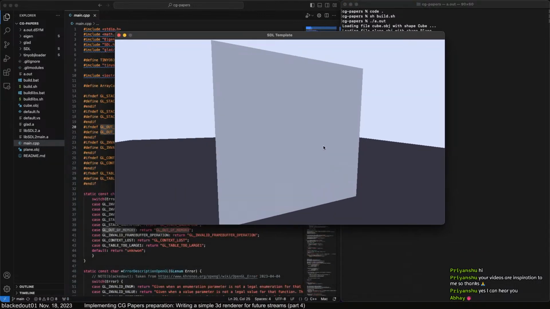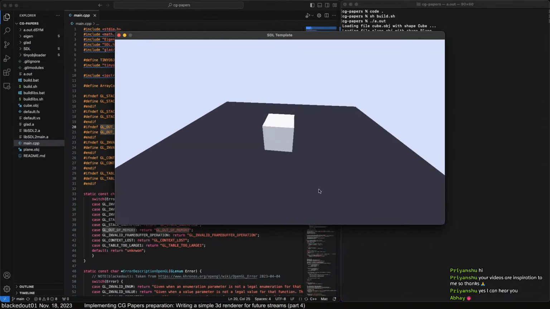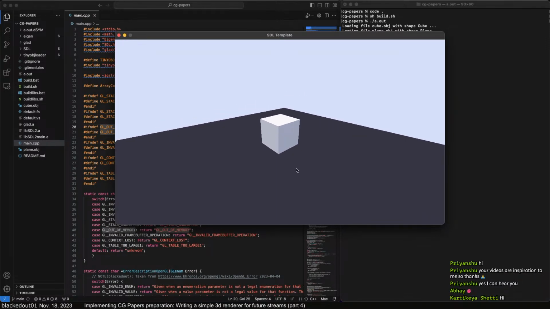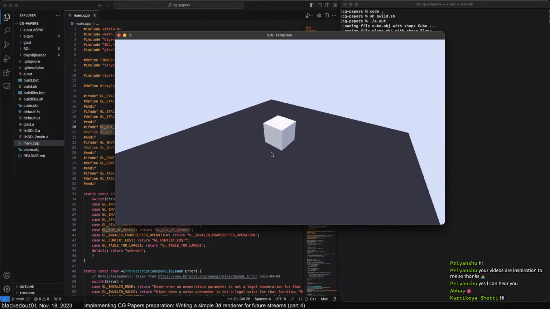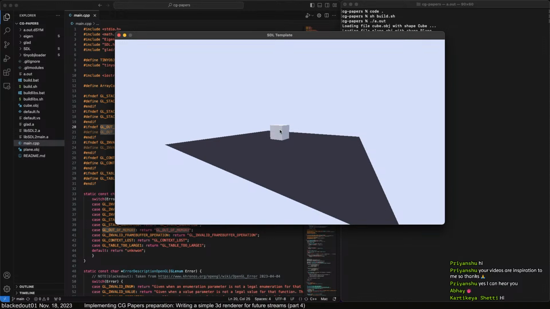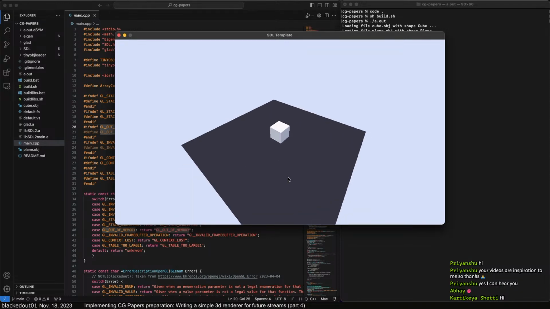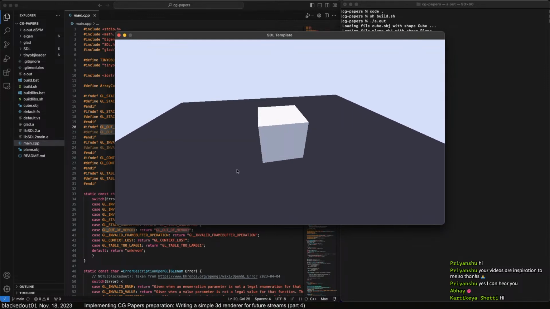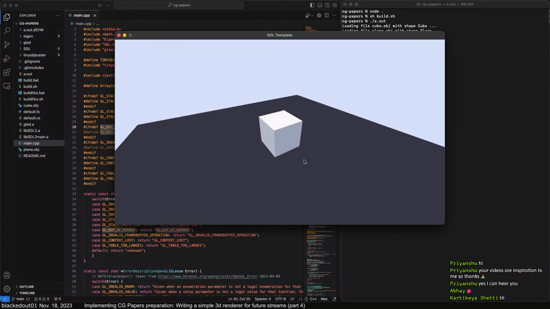So in the last stream, we basically implemented model loading so that we have a plane here and a cube, and also did some shading. But if you look at this image here, for example, it's a bit hard to see where the cube is located exactly.